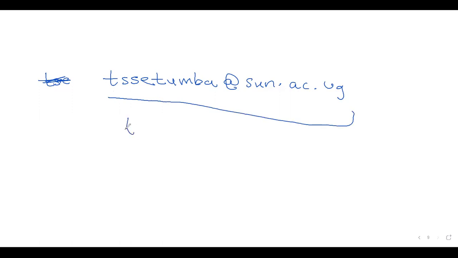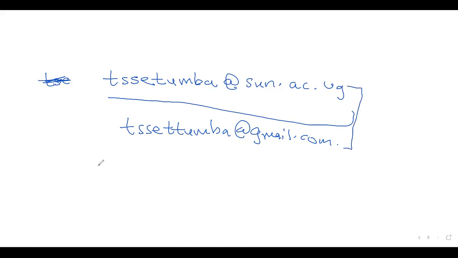But if you fail to get me there, you can copy on that. This has a single T, this has a double T, and it's a Gmail, this is a Sun email. So you can contact me through that, okay? If you have more urgent information, the email is preferred.